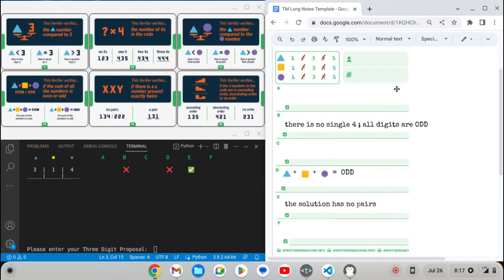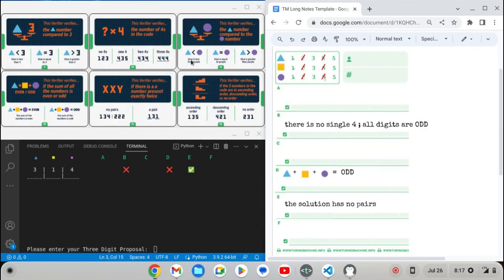So notice we did not test criteria card A, looking at triangle. At this point, we know that if it's less than 3, it must be 1. It could be 3, or if it's greater than 3, it's 5. I do like the fact that it could be 3, and there's really no guessing, but we'll see. We're dealing with all odds, so somehow we're comparing the first digit to the last digit.